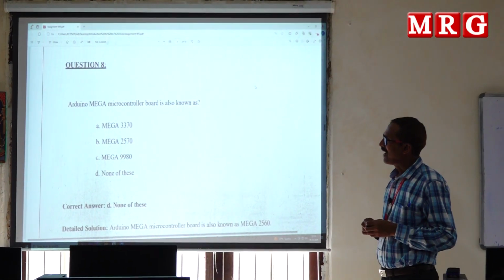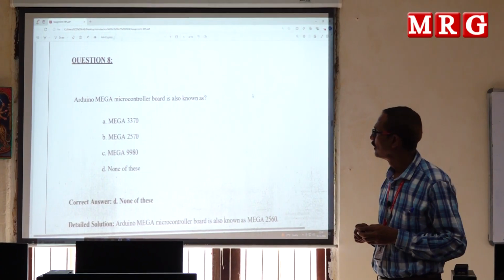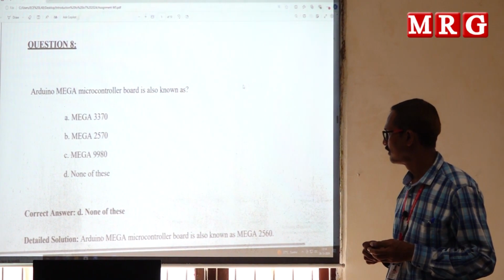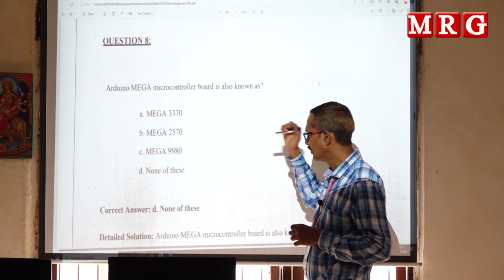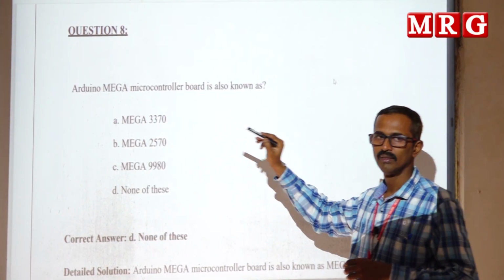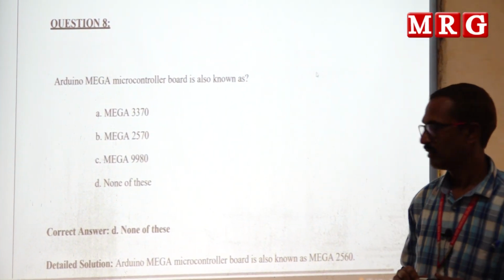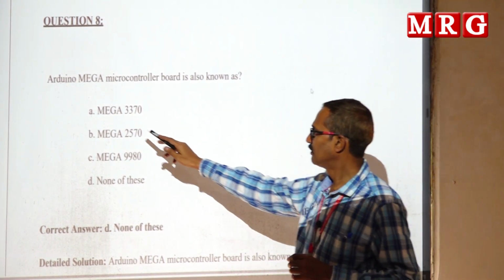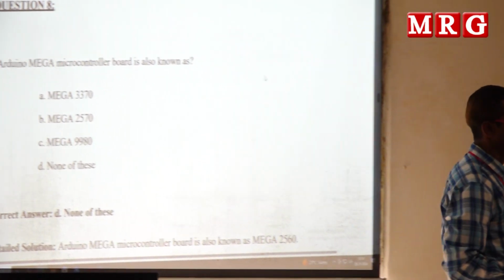Next. Atmel Mega microcontrollers are used in this development. The Arduino Mega microcontroller board is also known by one name, 2560. It is not given in the list. Note down 2560. Mega 2560 is the answer.